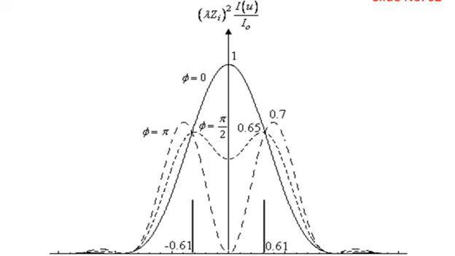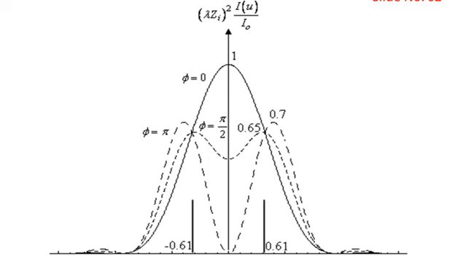So the maximum resolution is obtained when phi is equal to pi. The barely resolved case, the resolution according to the Rayleigh criterion given for the incoherent imaging system, is obtained when phi is equal to pi by 2.